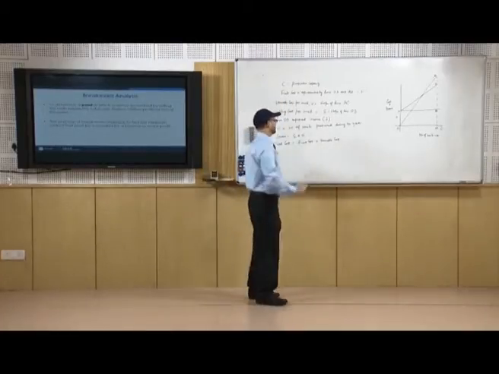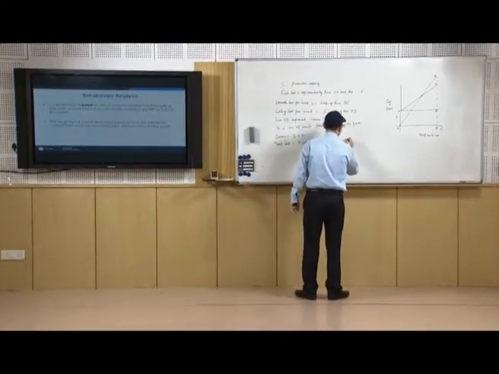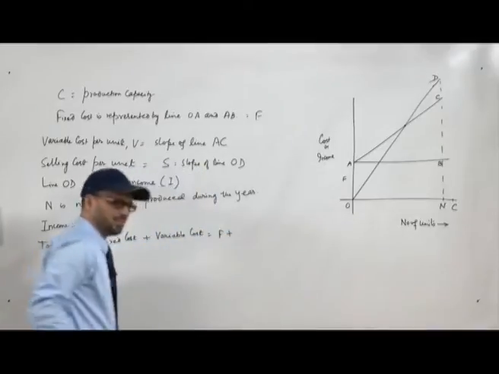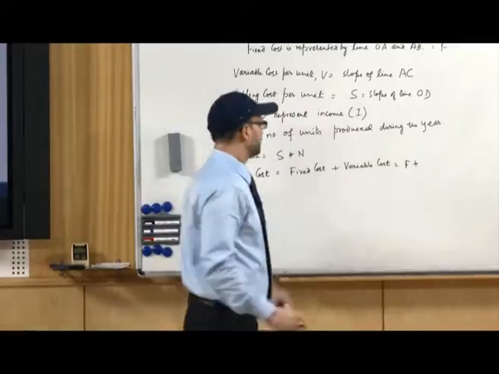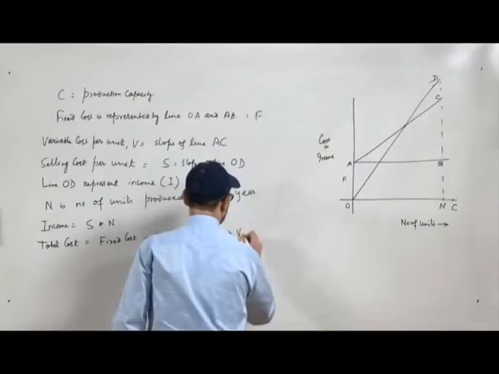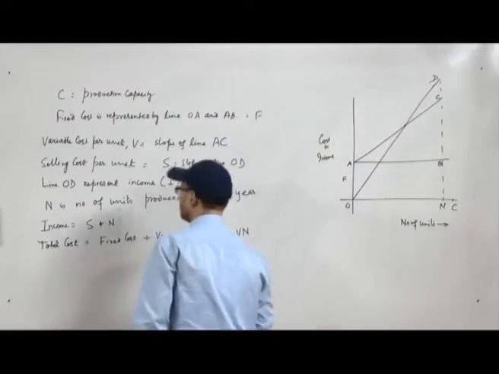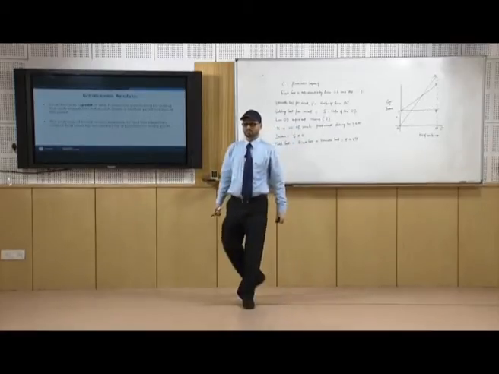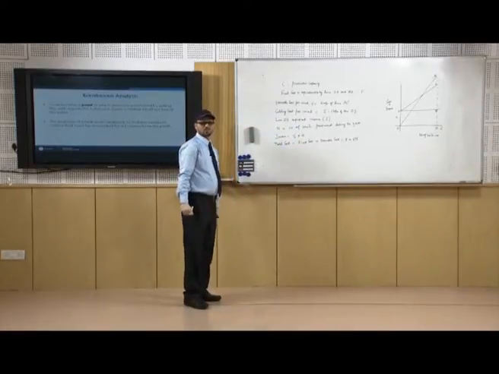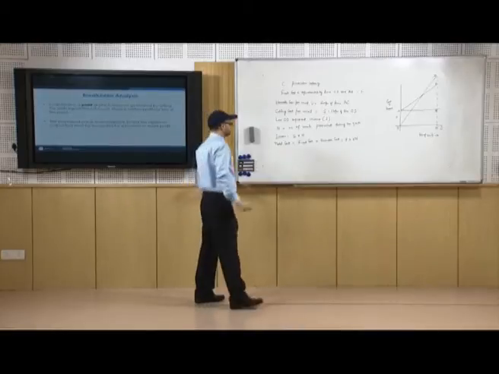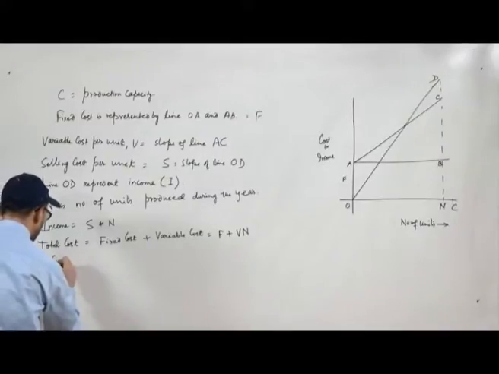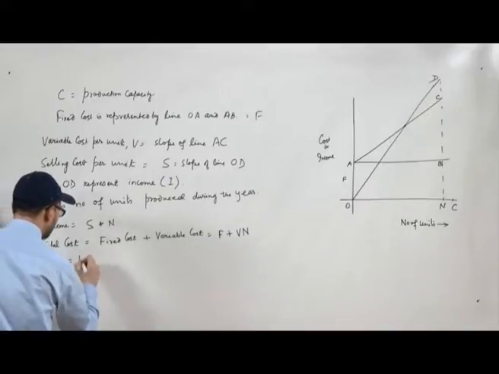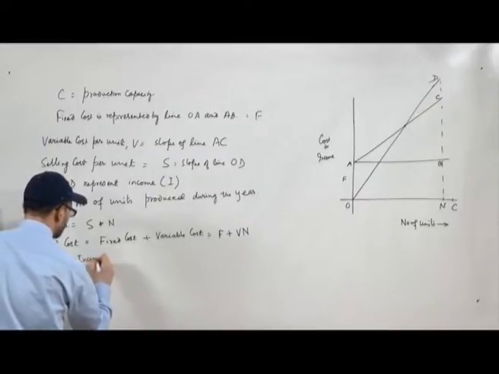So, fixed cost is given as F. Variable cost will be the variable cost per unit multiplied by the number of units produced. So, profit will be income minus total cost.